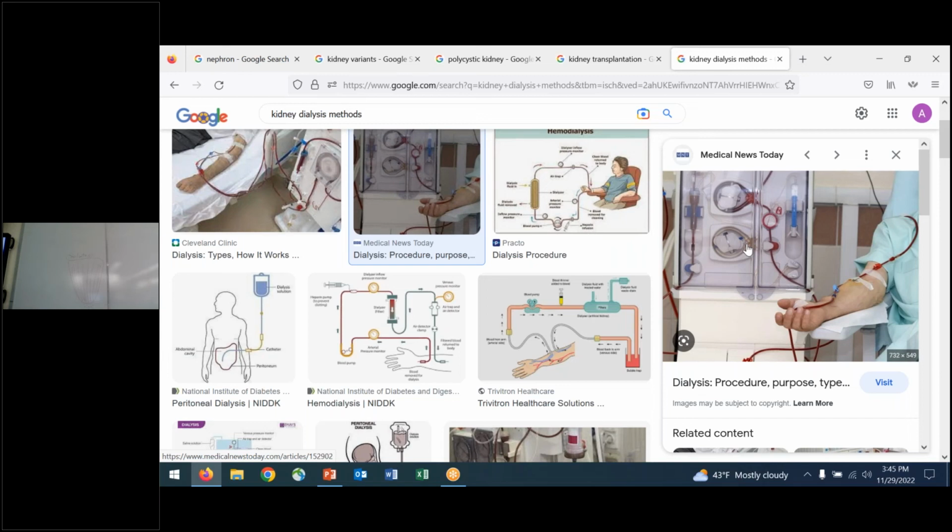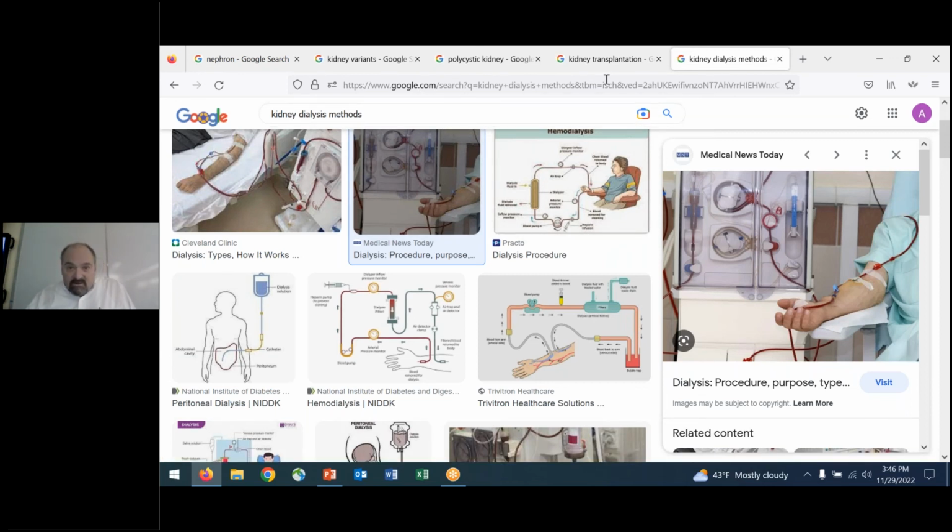peritoneal dialysis. This is where a patient will be connected to their body, and they'll do this usually at night. We'll have a port, a tube that's connected to the inner part of the cavity that covers your abdominal organs.